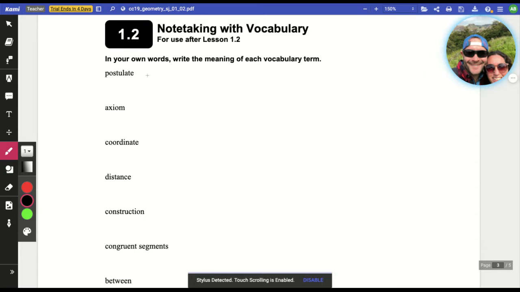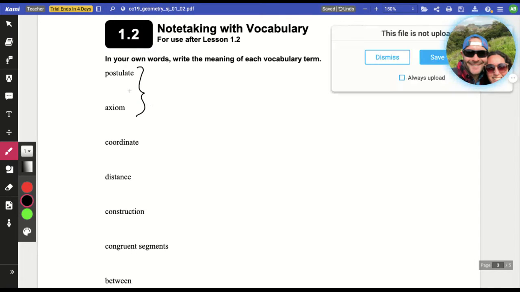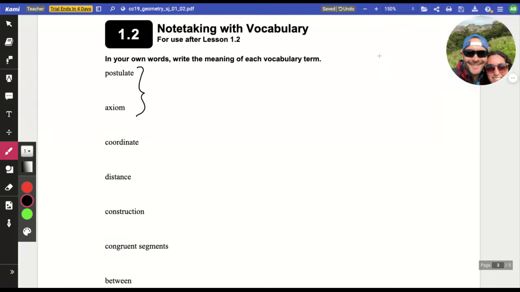So postulate and axioms, these are just statements or facts that are taken to be true without any proof whatsoever. Basically, they're the foundation of mathematics.